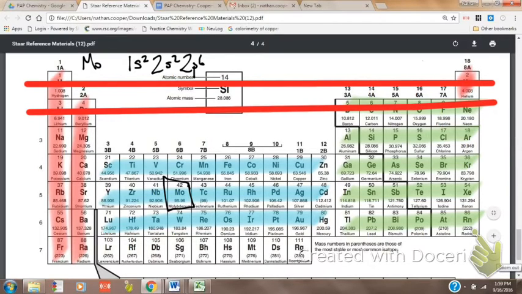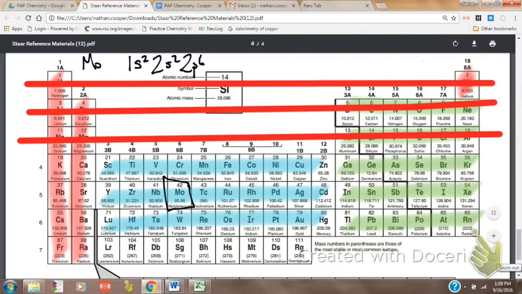At period 3, I go through the s block. I'm in 3s1, 3s2. When I leave magnesium, I enter the p block, 3p, when I get to aluminum. So I have filled up 3s2, 3p6, which means I have to go to the 4th row. On the 4th row, I start at 4s because it's the s block, so I have 4s2. When I go through calcium, I now enter the d block.